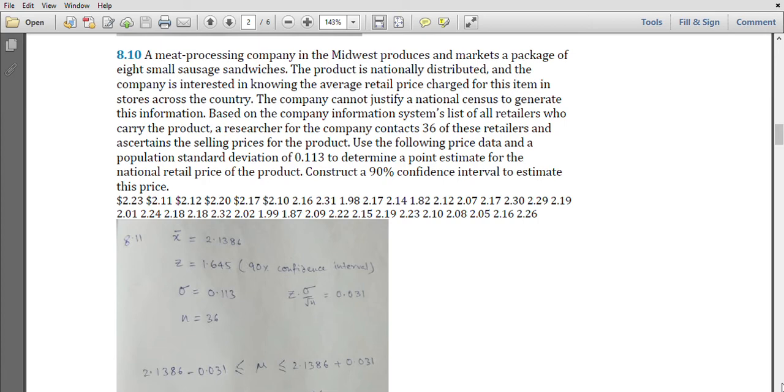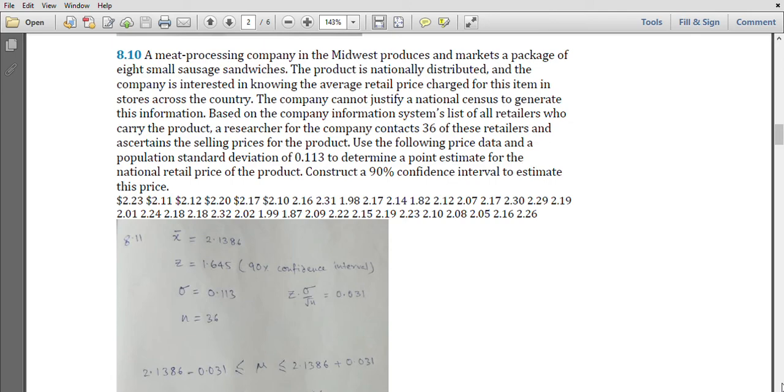Based on the company information system's list of all retailers who carry the product, a researcher for the company contacts 36 of these retailers and ascertains the selling prices for the product. Use the following price data and a population standard deviation of 0.113 to determine a point estimate for the national retail price of the product. Construct a 90% confidence interval to estimate the price.